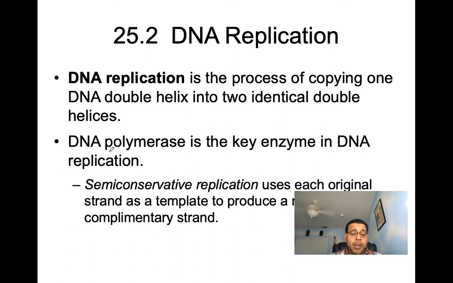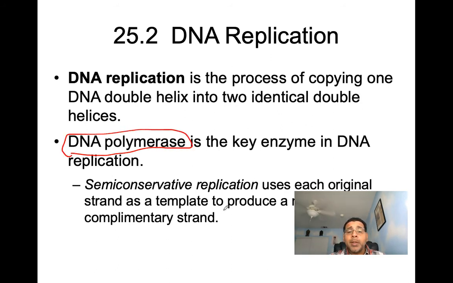This process is carried out by an enzyme called DNA polymerase. DNA polymerase is the key enzyme in DNA replication. It's going to use the original strand as a template for the formation of new strands. DNA polymerase is that enzyme. So you can see that right inside of here, DNA polymerase.